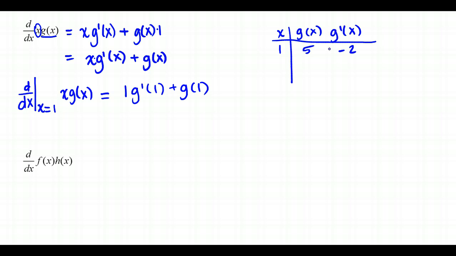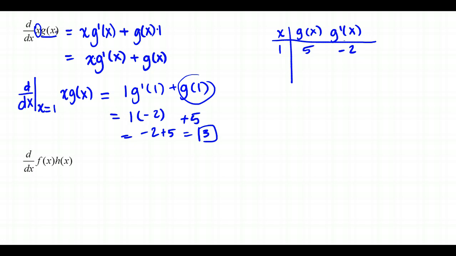So you'd have to read the graph, or the table, I'm sorry, and understand that g of 1 is 5, so this quantity is 5, and g prime of 1, so the g prime of x function at x equals 1, is -2. So now you'd get -2 plus 5 equals 3. So that's kind of how you might see these types of problems where there's this generic representation of a function.